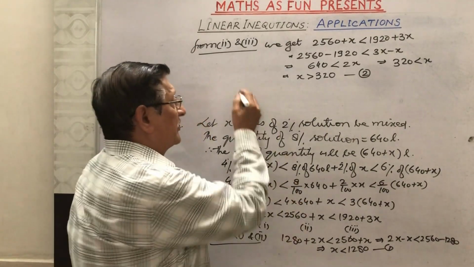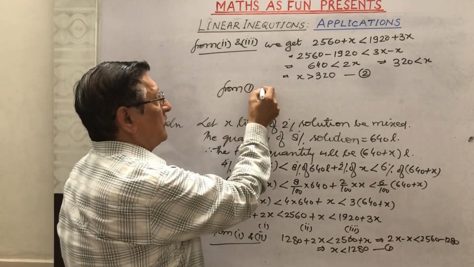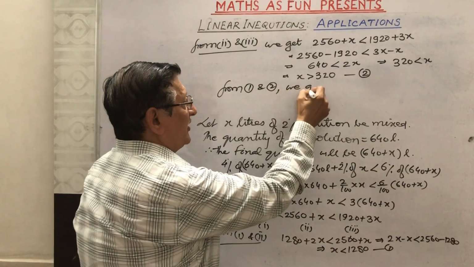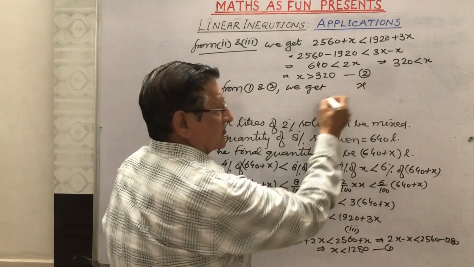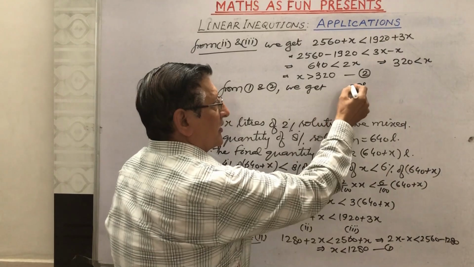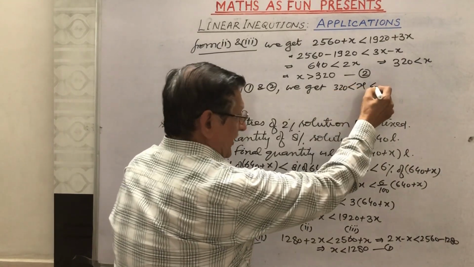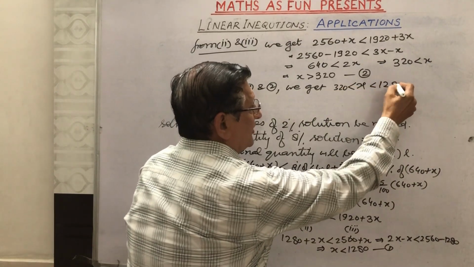So what we get from 1 and 2 is that x is greater than 320 and less than 1280.